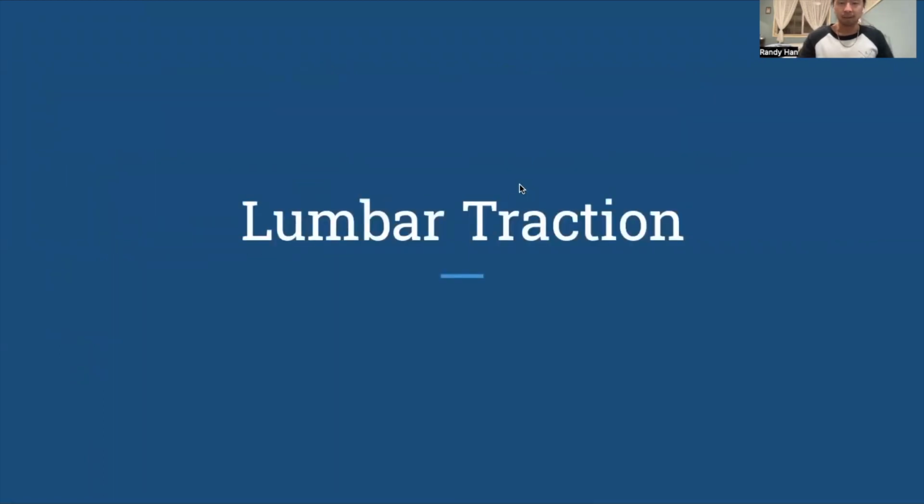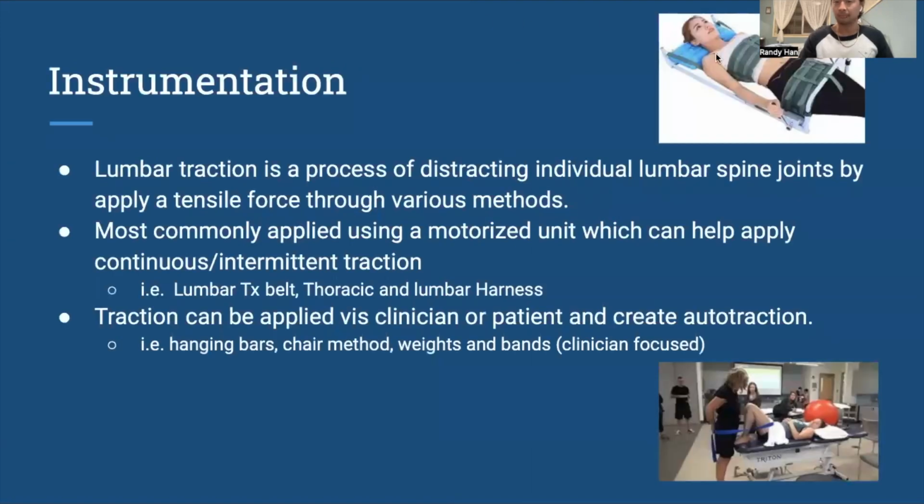So now we're just going to get into some lumbar traction. All right, perfect. Just really quick, I'm going to give a quick intro on lumbar traction. It's pretty much the process of distracting the individual's lumbar spine joints and applying a tensile force through different methods or instrumentations.